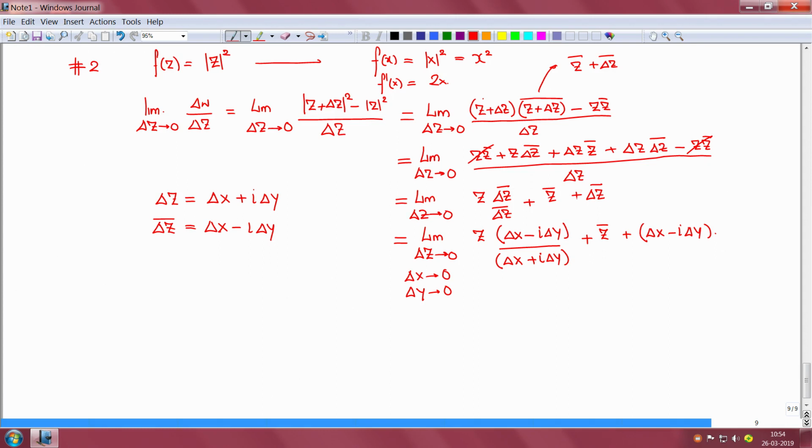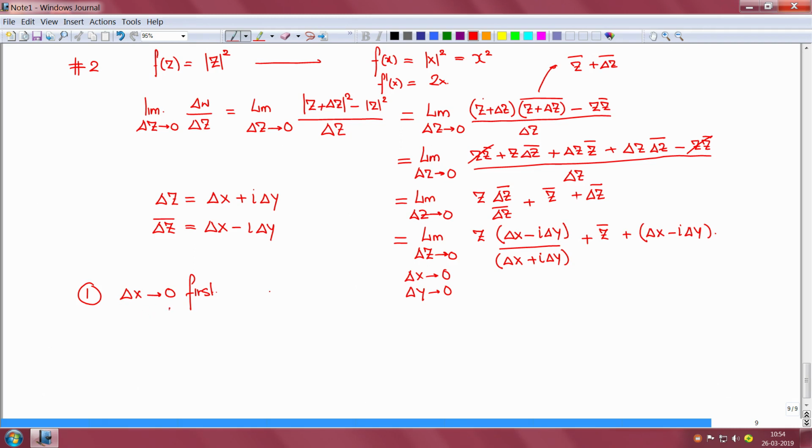Again, case 1, we set delta x to 0 first. And what do we get? Delta x is 0 now. So, I will write here below.